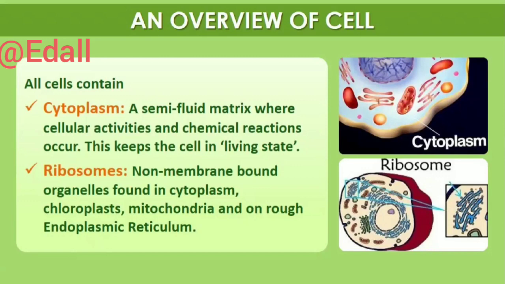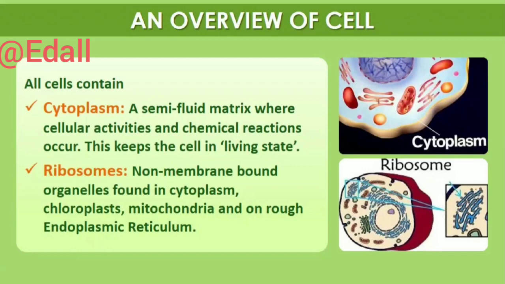Various chemical reactions occur in it to keep the cell in the living state. Besides the nucleus, the eukaryotic cells have other membrane-bound distinct structures called organelles, like the endoplasmic reticulum, the Golgi complex, lysosomes, mitochondria, microbodies and vacuoles. The prokaryotic cells lack such membrane-bound organelles.